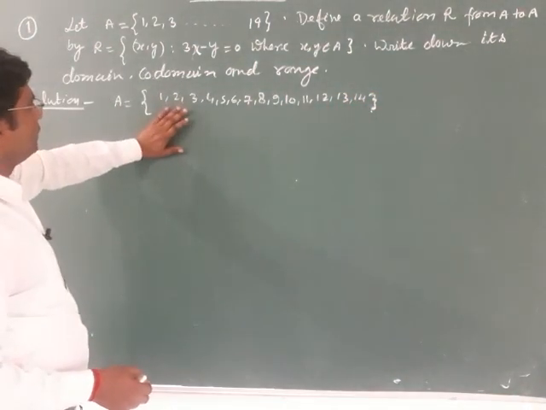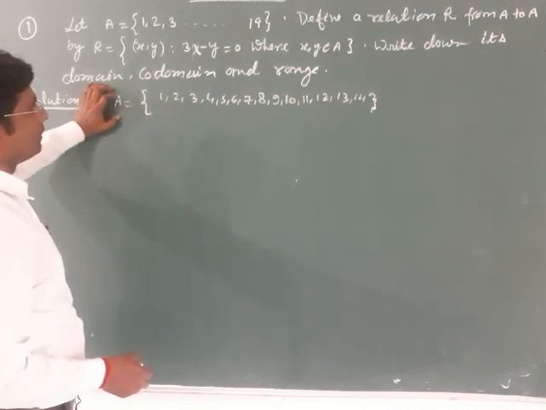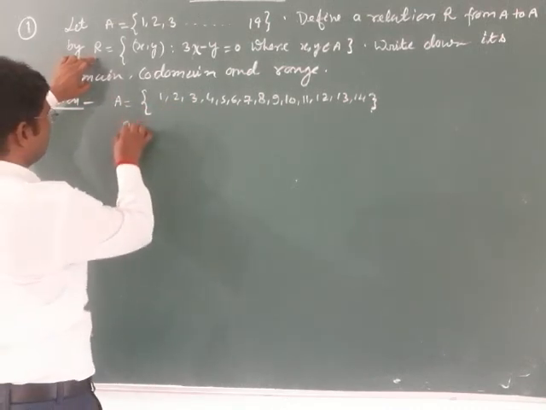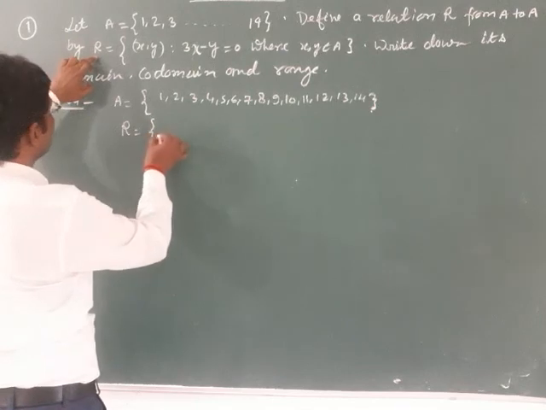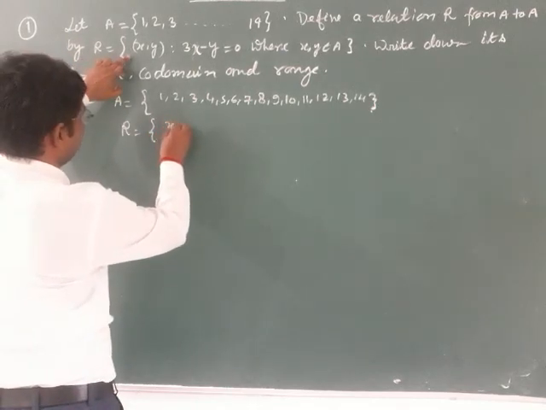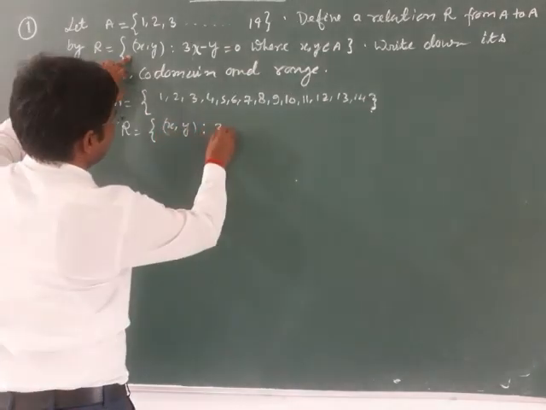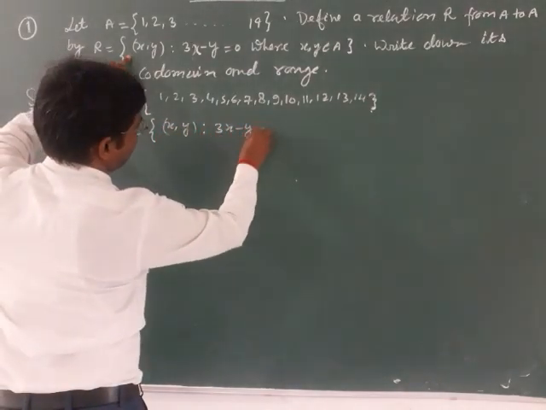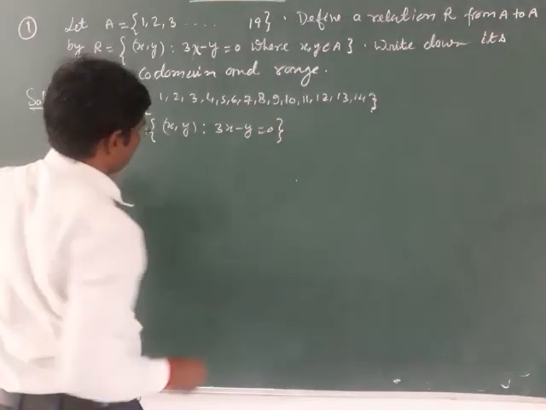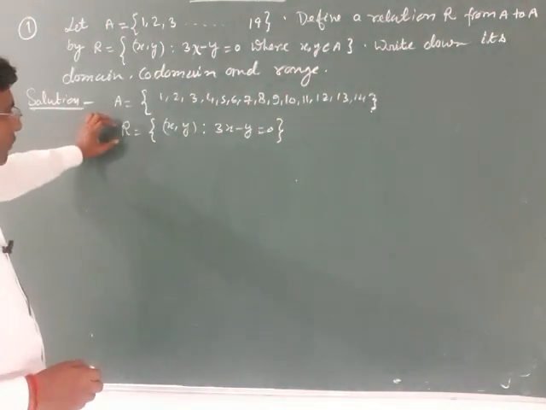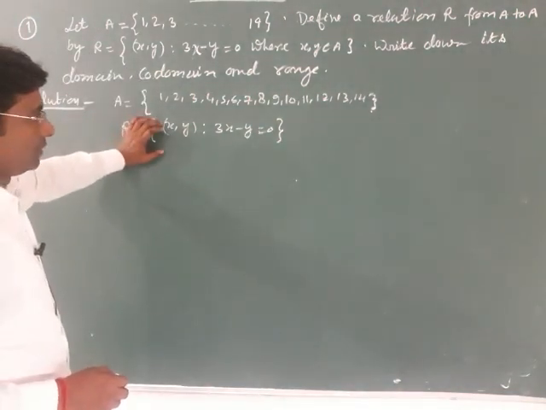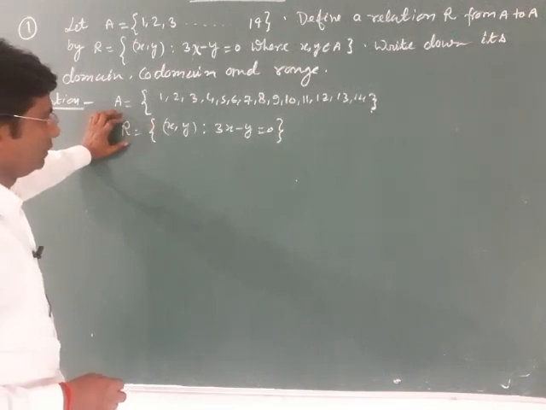These are the elements of set A, and also given R has ordered pairs (x, y) such that 3x minus y is equal to 0. So initially we find the ordered pair set of R.